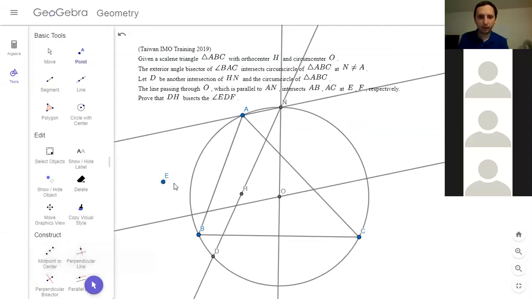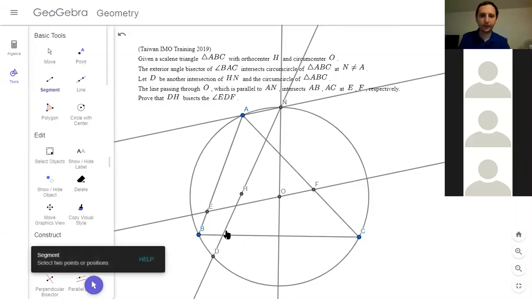E and F. And I want to show DH bisects angle EDF.